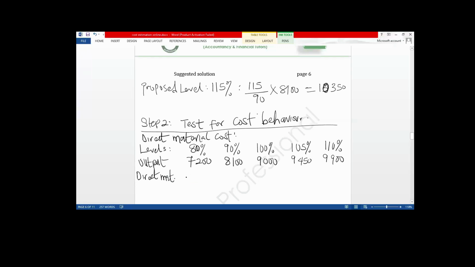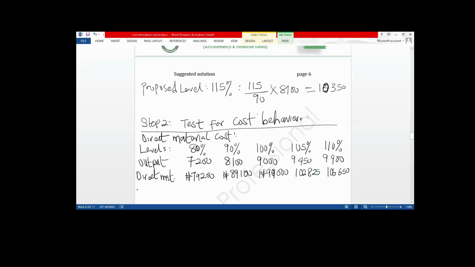In Naira, 79,200. 89,100. 99,000. 102,825. Next. 106,650.